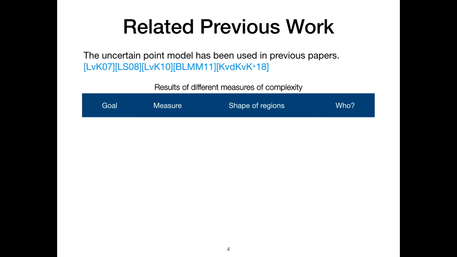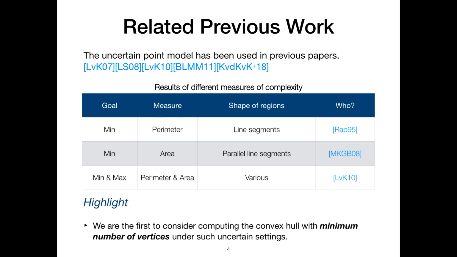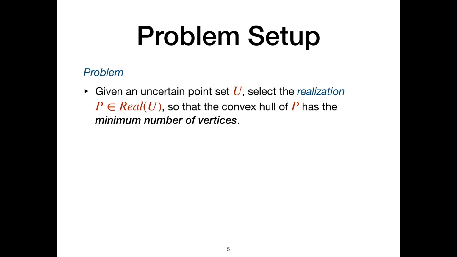Specifically, previous papers have considered the problem when the complexity is measured by the perimeter or the area. As for our paper, we are the first to consider computing the convex hull with minimum number of vertices under such uncertain settings. Therefore, our problem is, given an uncertain point set U, select the realization P so that the convex hull of P has the minimum number of vertices.